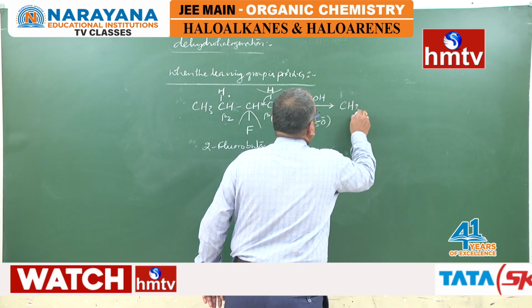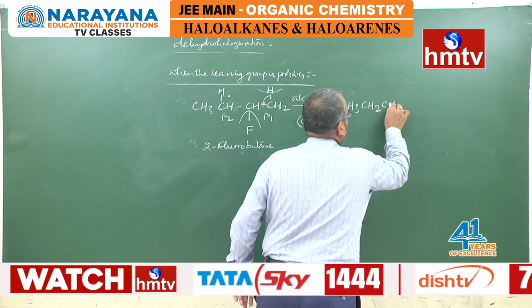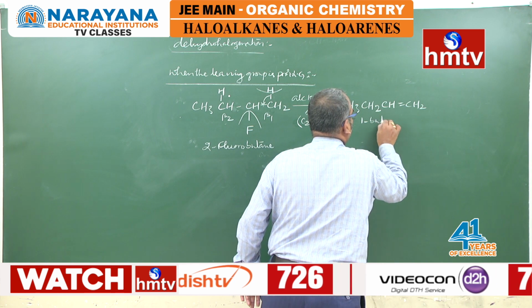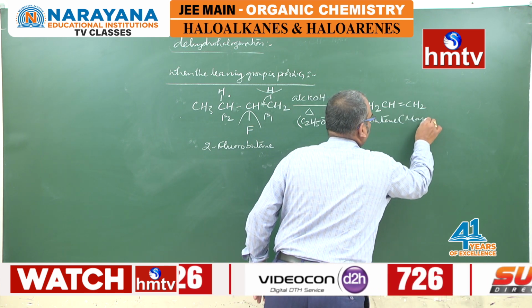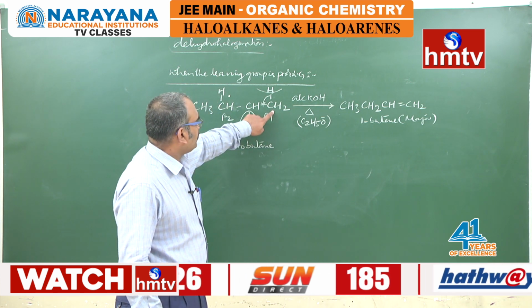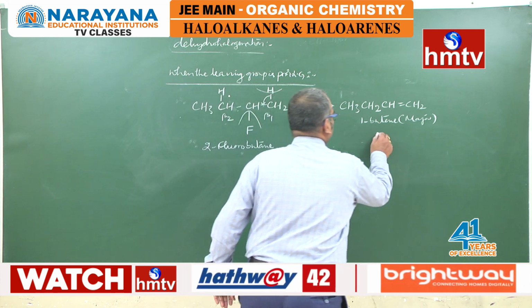Now you will get CH3, CH2, CH double bond CH2, 1-butene, as the major product, which is Hofmann's product, because the hydrogen is eliminated from the beta carbon having more number of hydrogens.